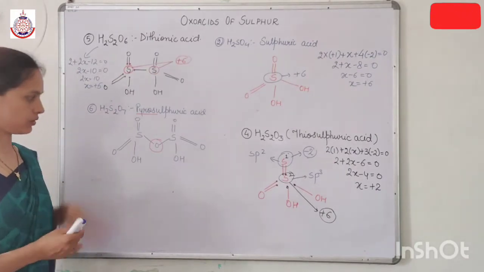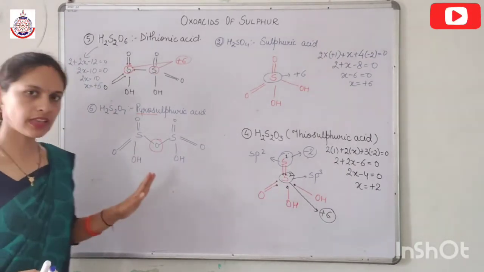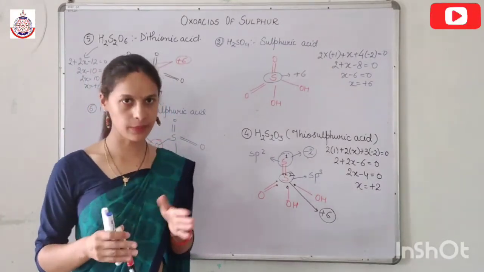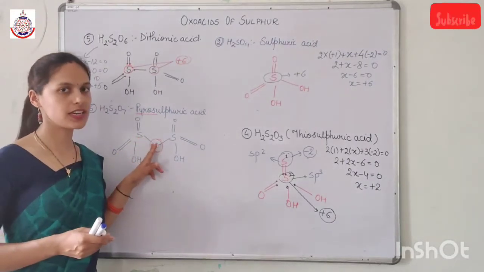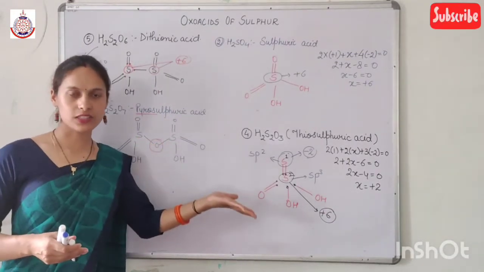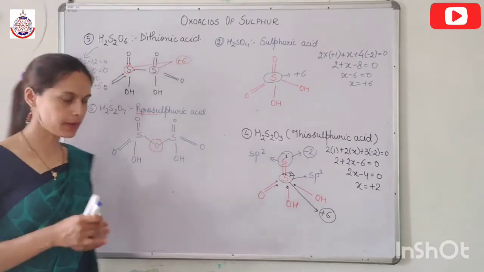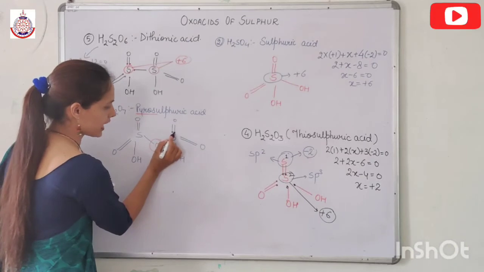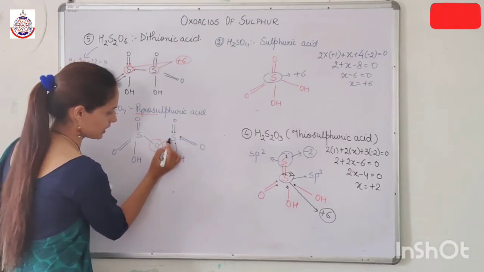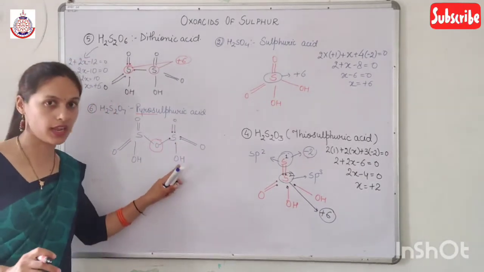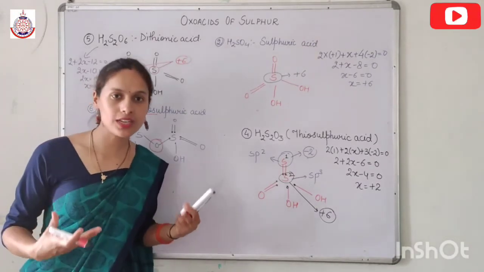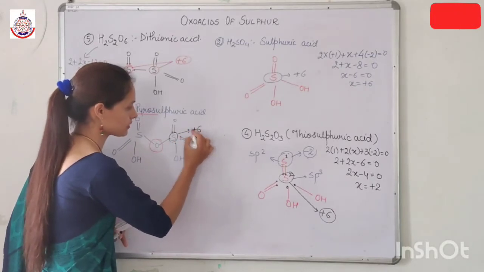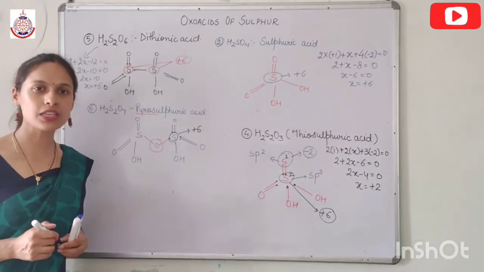So in this case also, both the sulfur have the same environment. So the oxidation state of both the sulfur remains the same. If I calculate the oxidation state of the first sulfur, the oxidation state of the second sulfur is also the same. This sulfur has shared its 6 electrons with the oxygen, and since oxygen is more electronegative than sulfur, its oxidation state becomes plus 6.